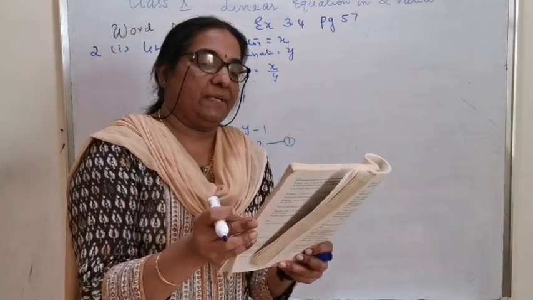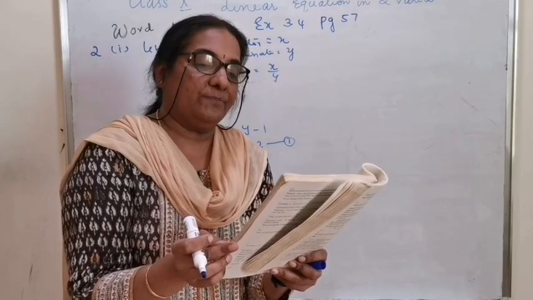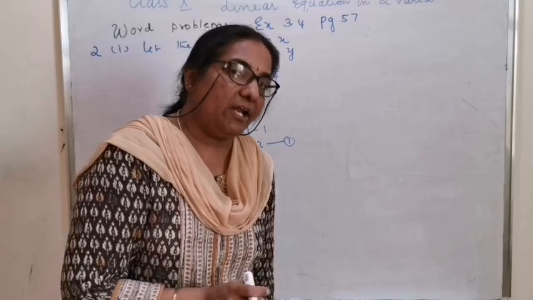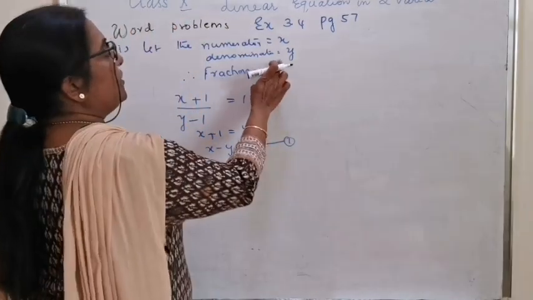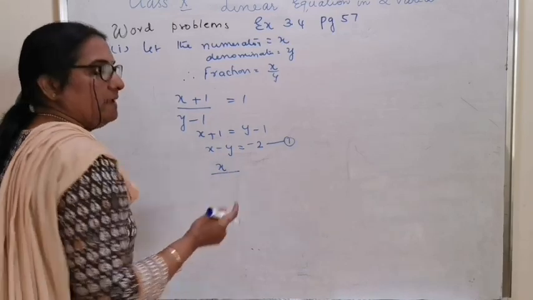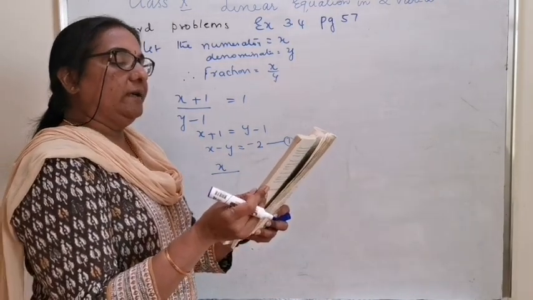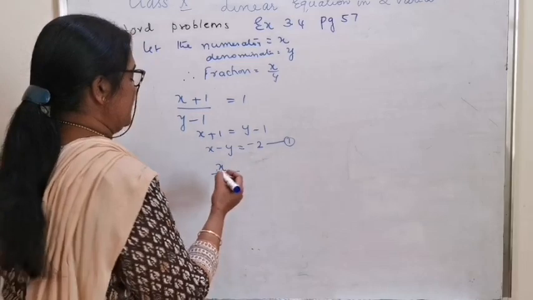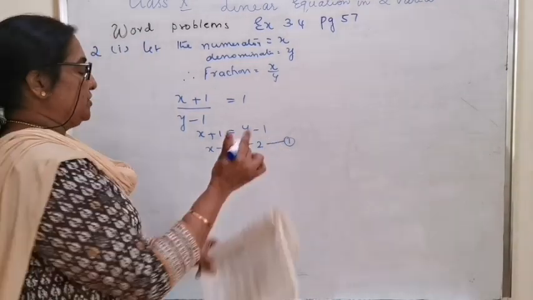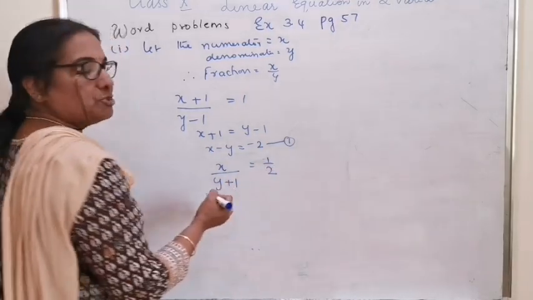The second statement: it becomes half if we only add 1 to the denominator. That means the numerator remains the same if we add only 1 to the denominator. The denominator is increased by 1. The fraction becomes 1 by 2.